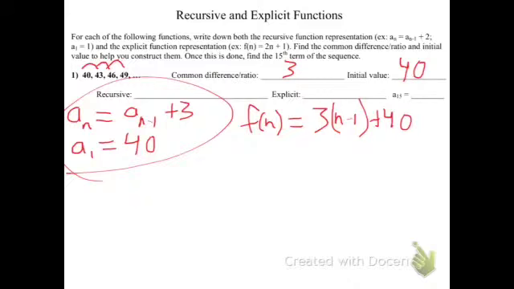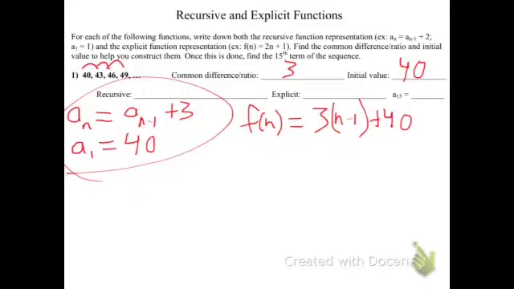Okay, and the reason we have this n minus 1 here is because if you were to plug in something like 1, as we want to know what the first term is, if you plug in 1 here, we'll get 0. 3 times 0 is 0, and plus 40. And so when you plug in your numbers of what term you want, you'll get the correct term, because we start at 40, and so we want this 3 part here to go to 0.